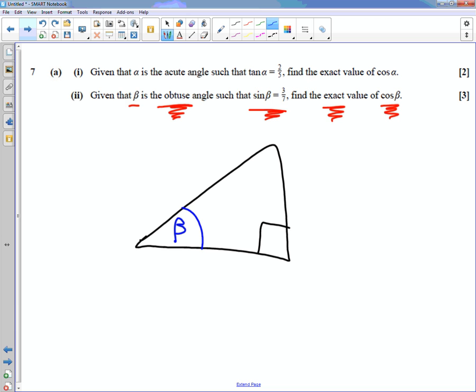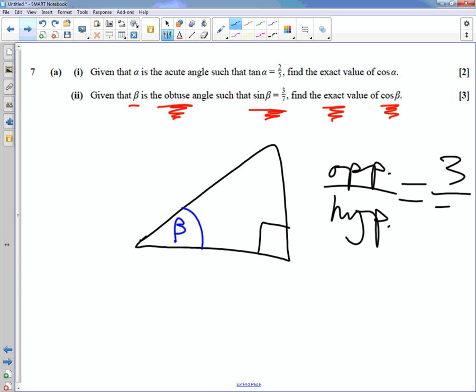So, sine is opposite over hypotenuse. So opposite over hypotenuse equals 3/7. So we know the hypotenuse of this triangle is 7, and the opposite side to the beta angle is 3.